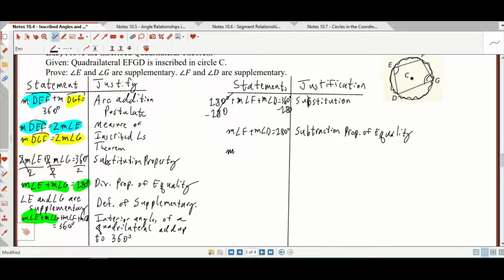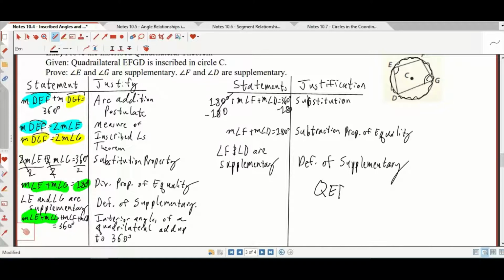And so now I know that angle F and angle D are supplementary by the definition of supplementary. Whew! QED. Told you.